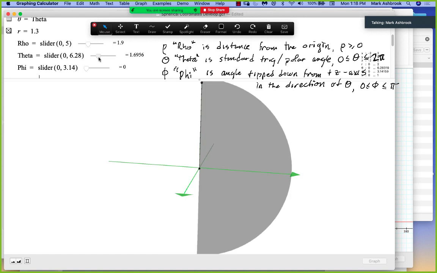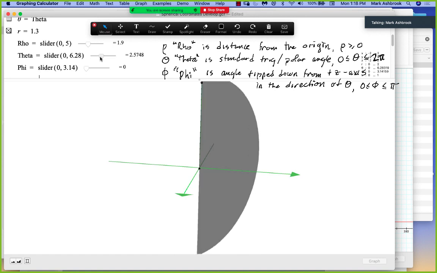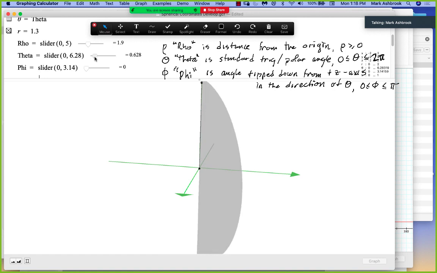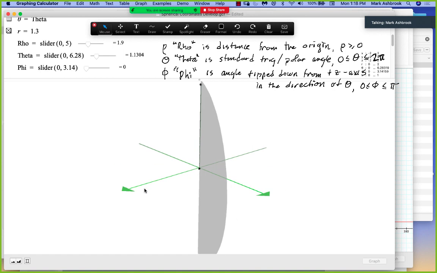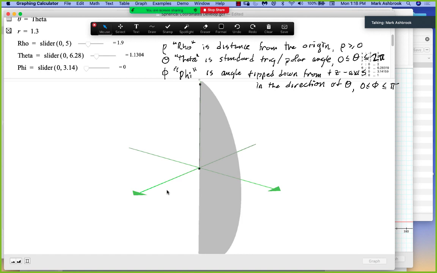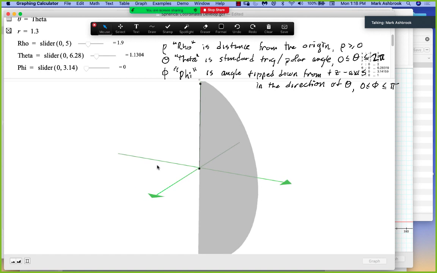So first pick a theta. Oh, sorry, we didn't get to the last part. So let's go back to, say, pi over 3. So here's about pi over 3. So we pick our angle theta, I pick pi over 3. Pick our angle phi, say I'll pick 0.785 radians. So let me draw that in here.